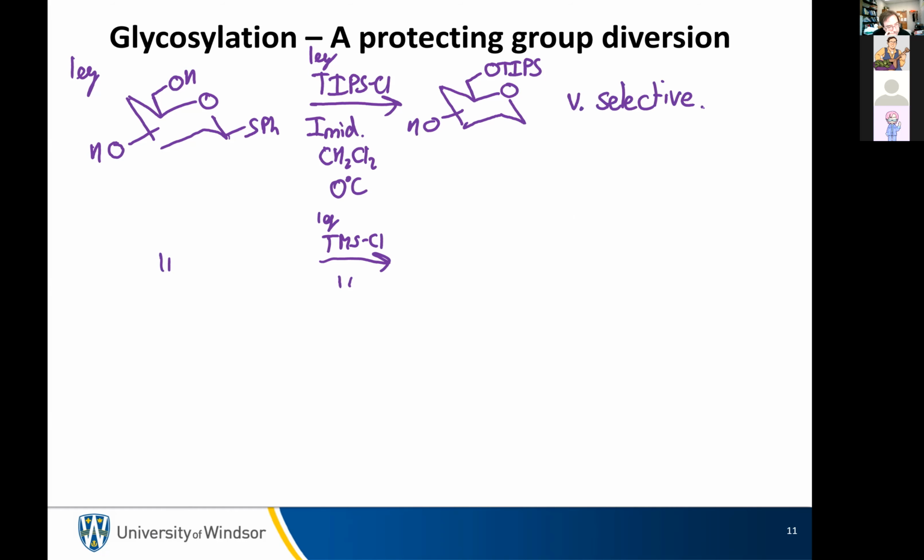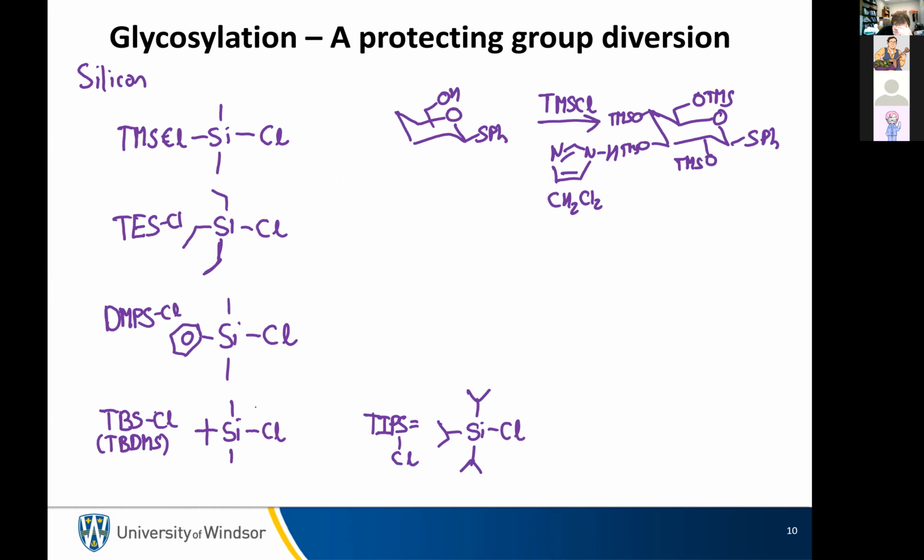It's a lot smaller. TMS is smaller. TIPS is the biggest.